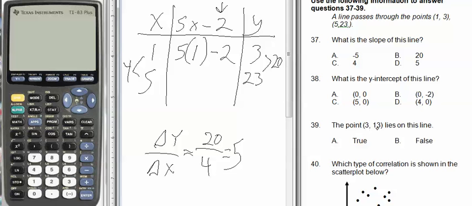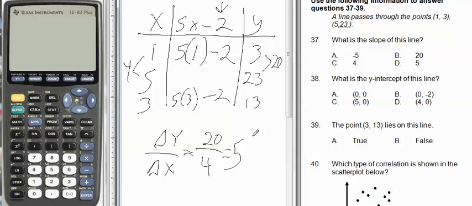So then to check this one, we just put those 2 values into this formula and see if that's going to work. So if I put in 3 and 13, 5 times 3 is 15, minus 2 is 13.